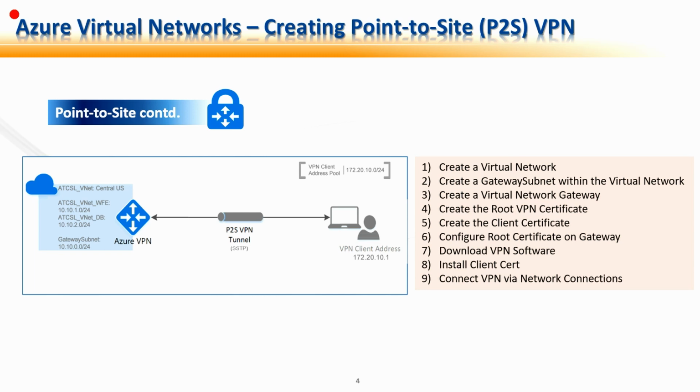Now, once that is done, we will download the VPN software, and this download is only available after we have provided the details of the root certificate on the gateway. Then we will install the client certificate, and then we will install the VPN client. Once everything is done from step 1 to 8, we will try to connect to the virtual machine within the virtual network using the private IP address.